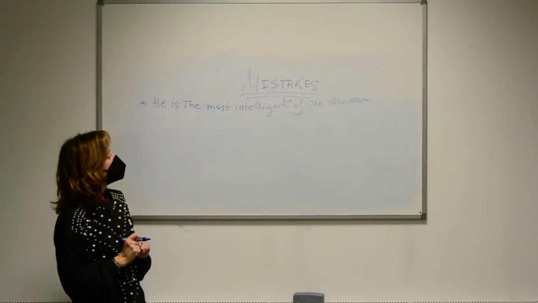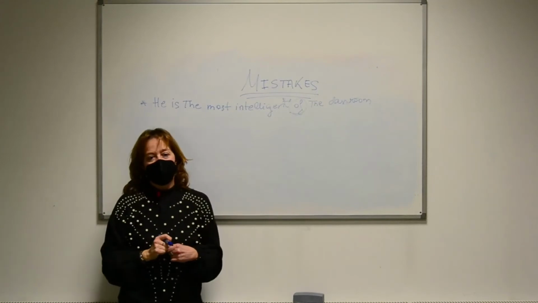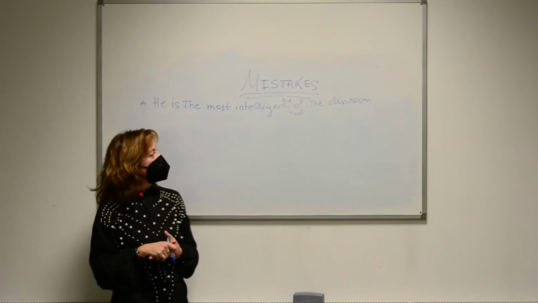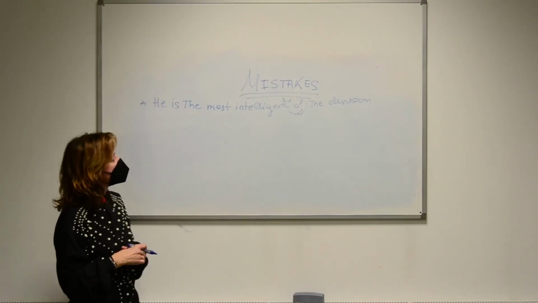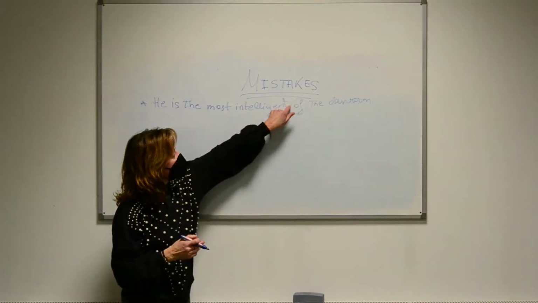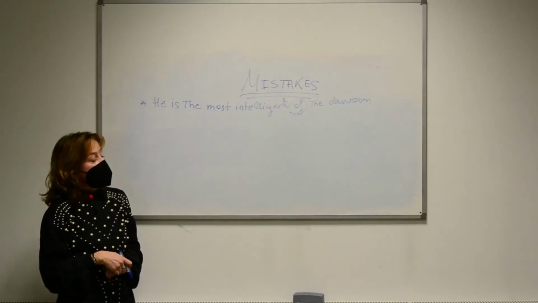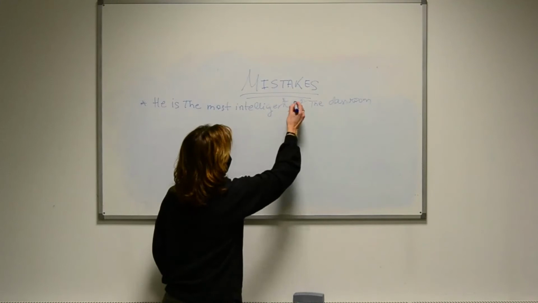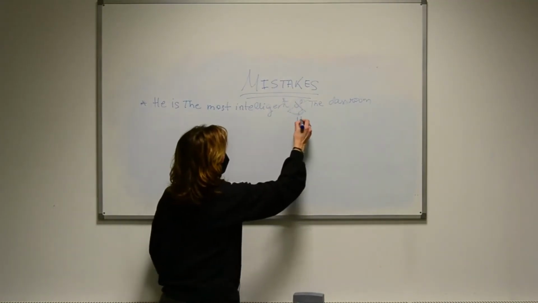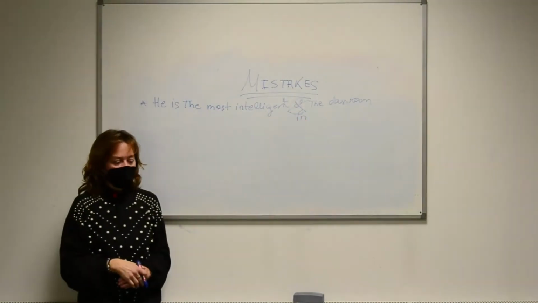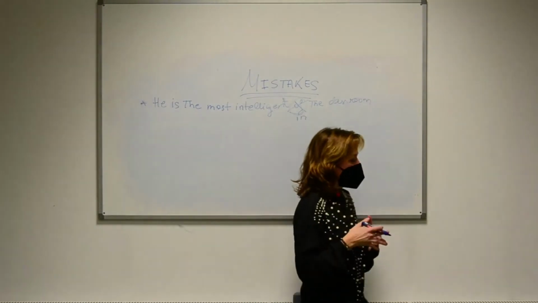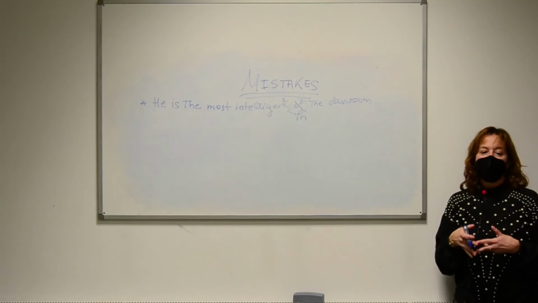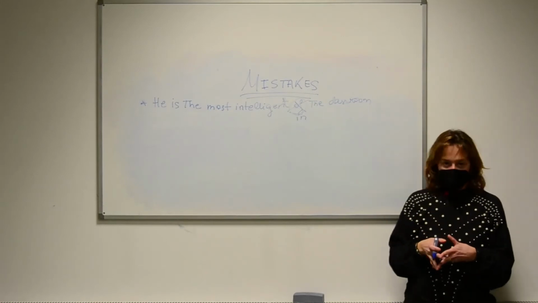Here we have a sentence in the superlative. In another lesson, we are going to review comparative and superlative sentences, okay? But do you think this sentence is correct or incorrect? It's incorrect, okay? It's not right because here the suitable preposition is in. In superlative sentences, we always use the preposition in instead of the preposition of.